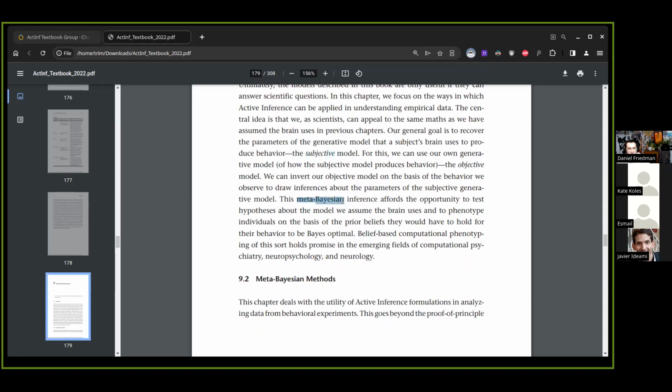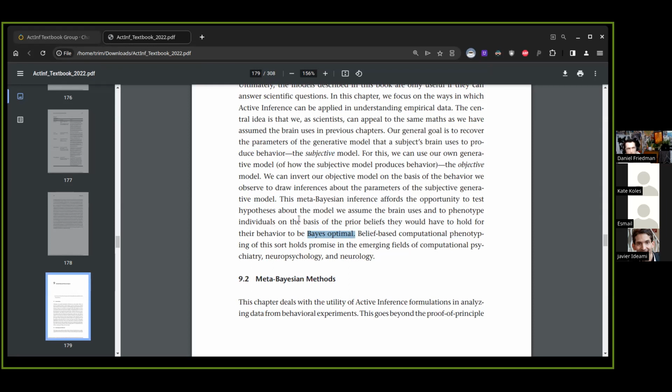And this is going to be introduced in terms of meta-Bayesian methods, which sounds very meta, but once we see the figure, it'll actually be revealed to be, in fact, the structure of behavioral observation. And this relates to many different topics we've discussed, like Bayes optimality of behavior. So looking at the diversity of neural systems or cognitive systems and asking, what is the generative model such that this system's behavior is Bayes optimal?